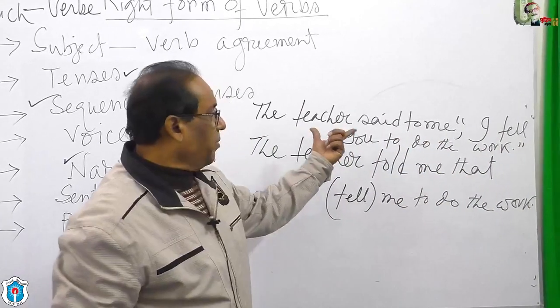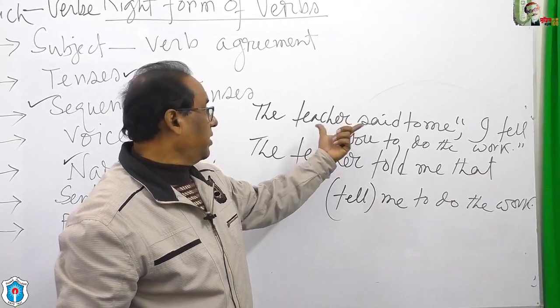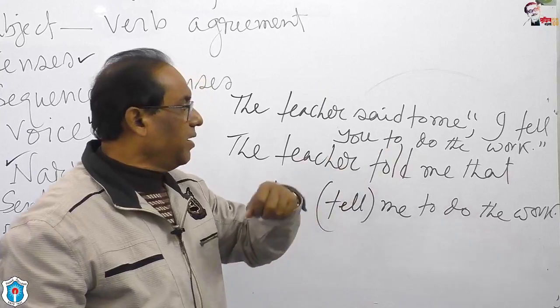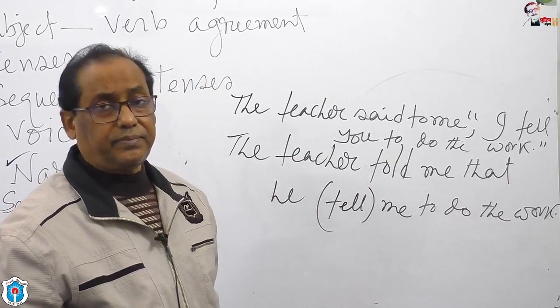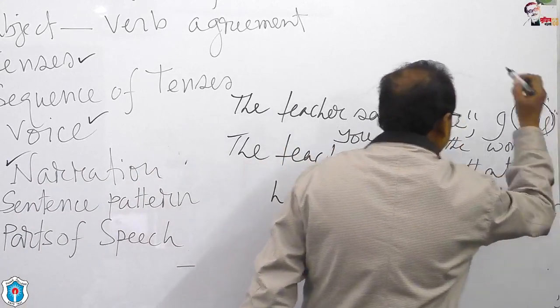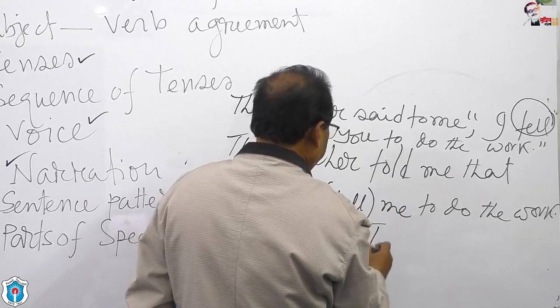Look at this example. This is direct speech. The teacher said to me, I tell you to do the work. Now, here the verb is tell. But now, in the indirect sentence, the right form of verb is told.